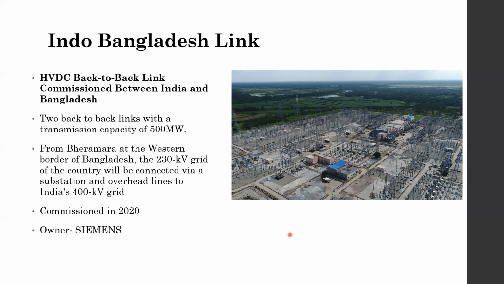Siemens recently announced that in June 2020, it fully commissioned the second block of the HVDC back-to-back link in Baramara at Bangladesh to connect the electricity supply networks of India and Bangladesh with a transmission capacity of 500 megawatts.